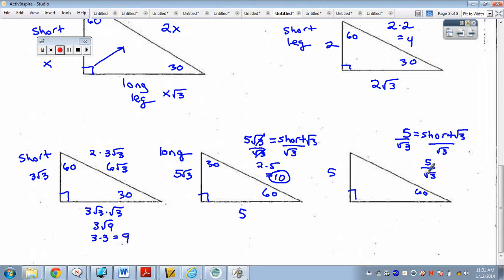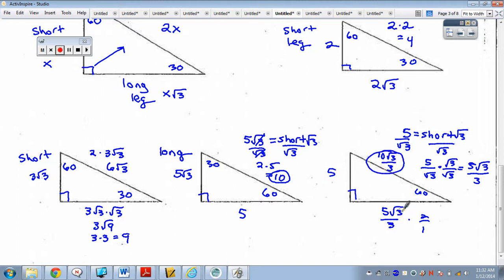But you can't have a square root in the denominator, so you need to rationalize like before. You multiply by root 3 over root 3 and you're left with 5 root 3 over 3. So my short leg is 5 root 3 over 3. Now you take the short leg and multiply by 2 over 1 to get the hypotenuse, which gives me 10 root 3 over 3.